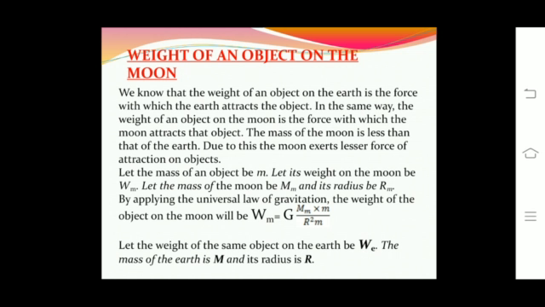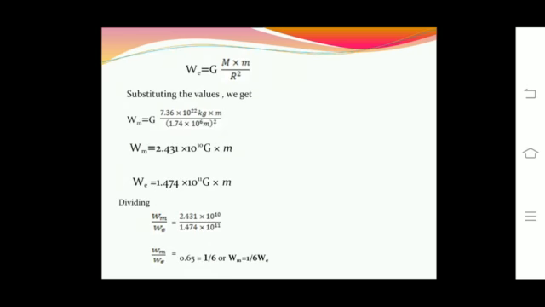If we consider the weight of the same object on the earth, then that weight would be represented by We. Let us consider the mass of the earth M and radius R. So the expression becomes We is equal to capital G into capital M into small m upon R squared.